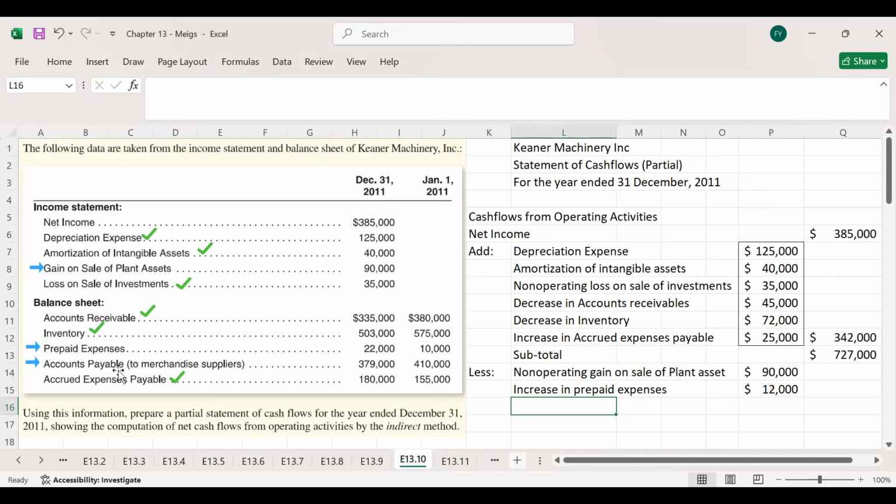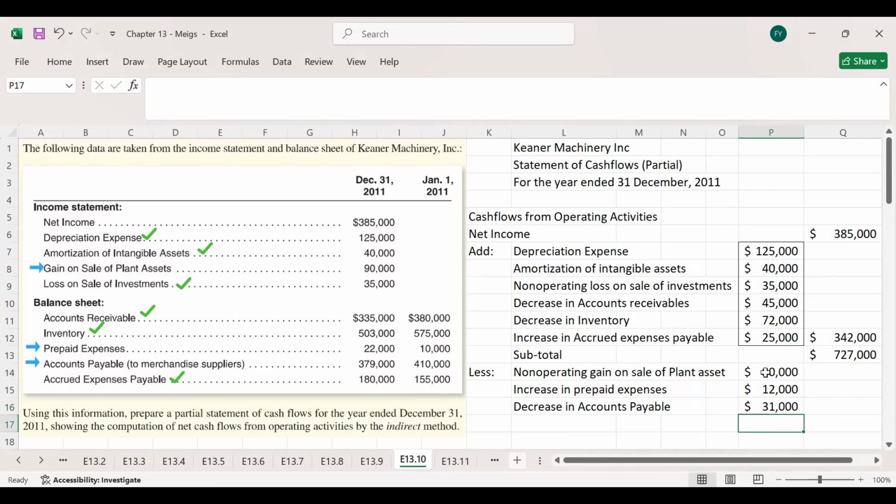And in the last we have accounts payable, decrease in accounts payable. And how much decrease? 410,000 minus 379,000.